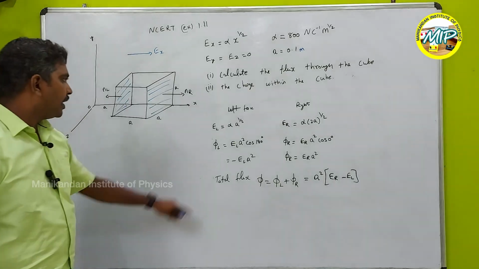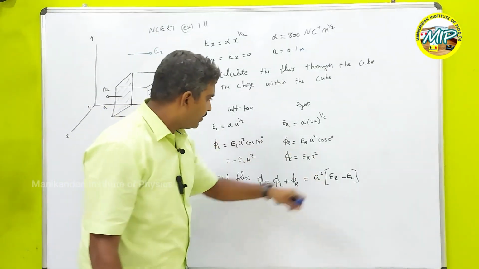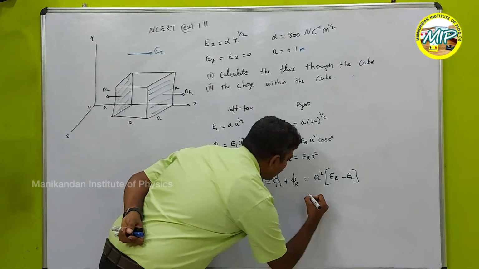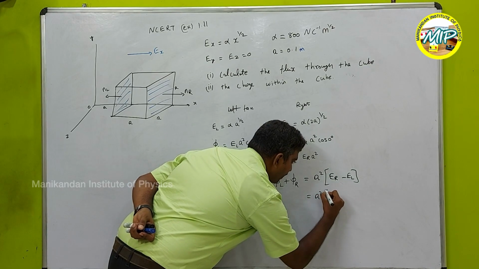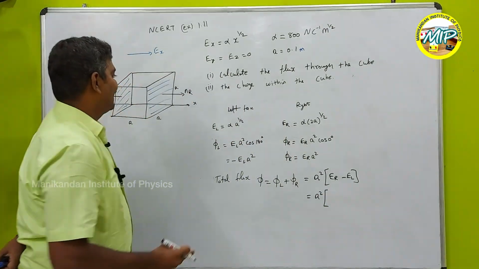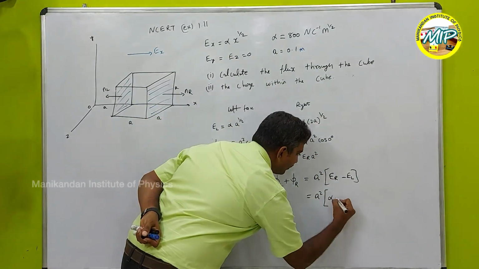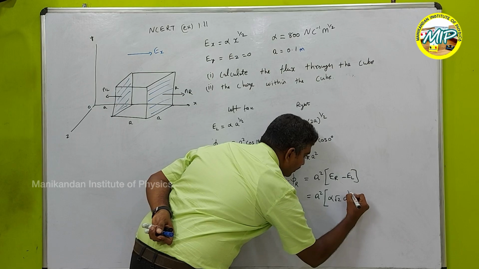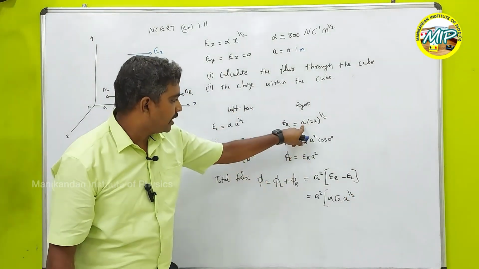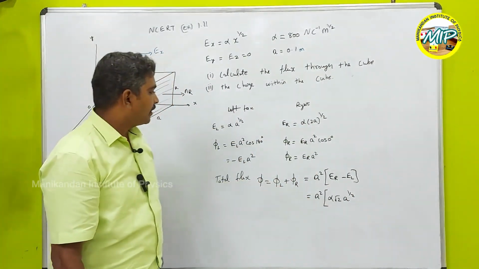Now I am going to substitute my E_L value and E_R value from here, then I can rewrite this equation as a square, alpha times 2 alpha times root 2 a power 1 by 2. If I substitute my E_R here, I am getting something.